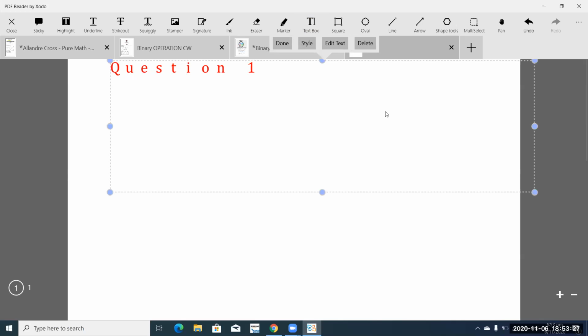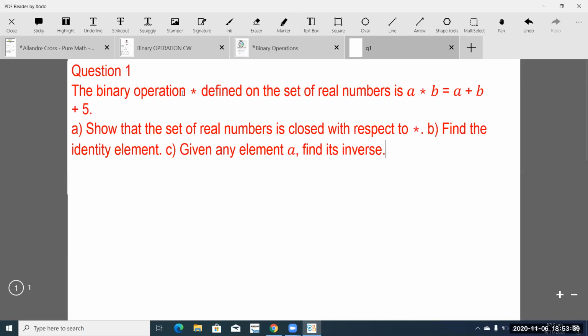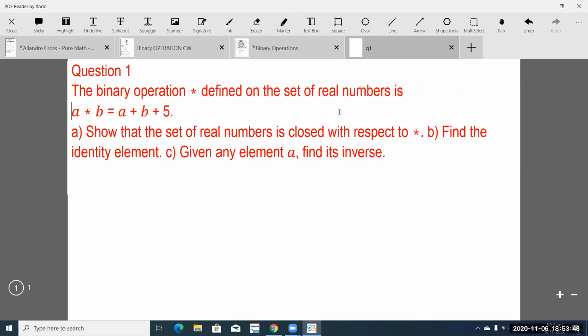Where did the question happen to go? Bring this over. All right, so the binary operation star is defined on the set of real numbers such that A star B is equal to A plus B plus 5.